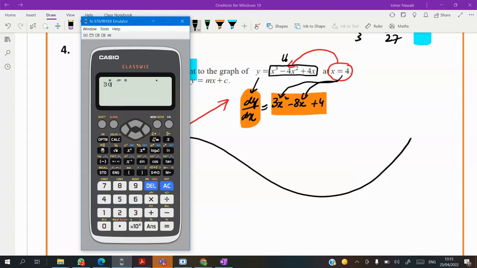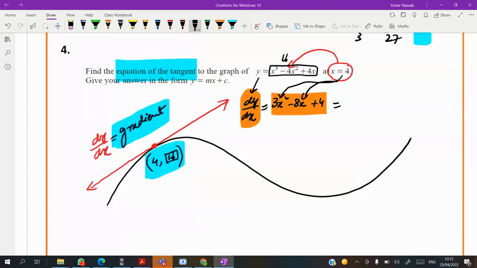So substitute 4 into the derived function. Once we substitute, it gave us the gradient 20. So I know the gradient is 20.